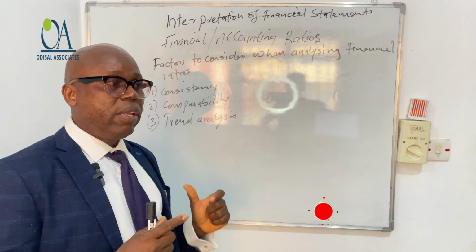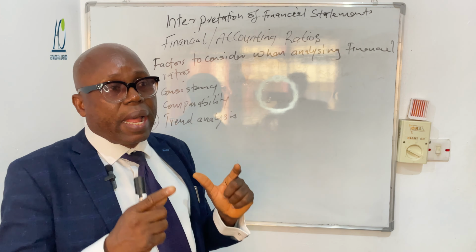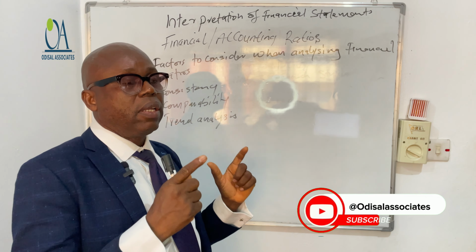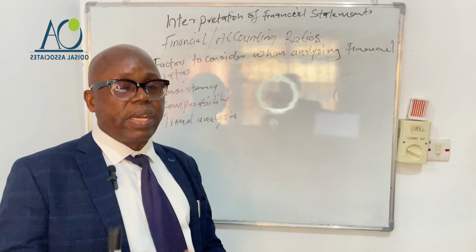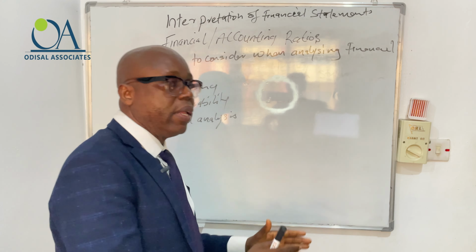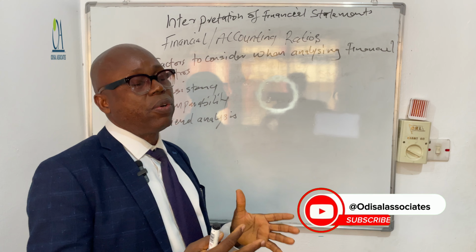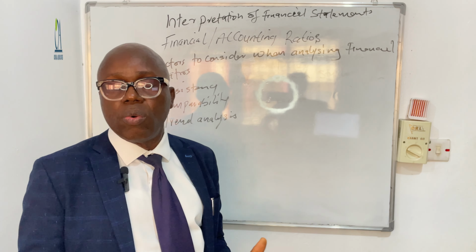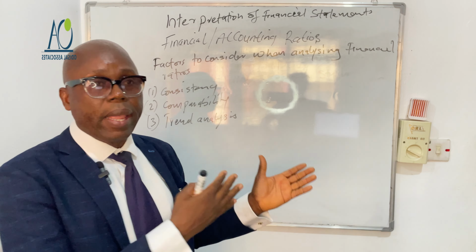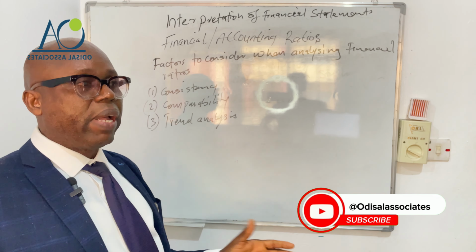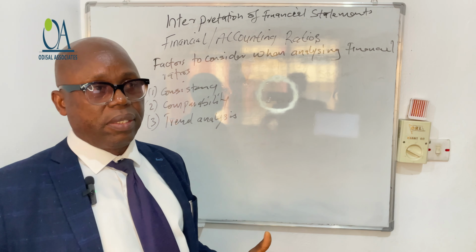And again, the financial statement you are analyzing will also be consistent in the way it is presented from year to year. Because in doing ratio analysis, we try to compare a company's performance along the years.